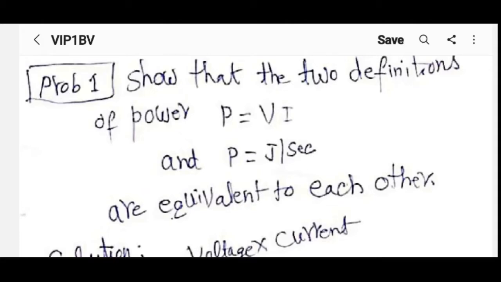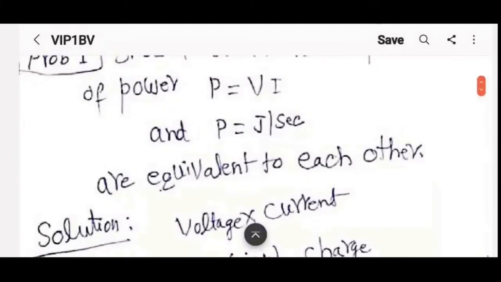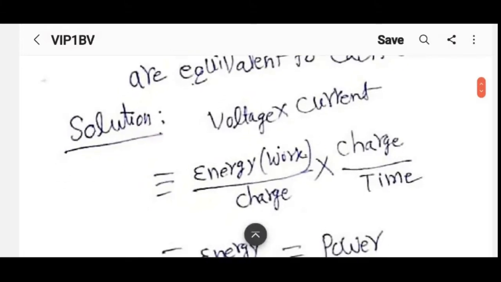How do we handle this? Start with volt multiplied by ampere and write the definitions of volt and ampere. Volt is energy per unit charge, or work per unit charge. Current is charge per unit time. So if you multiply these units, charge gets cancelled out.